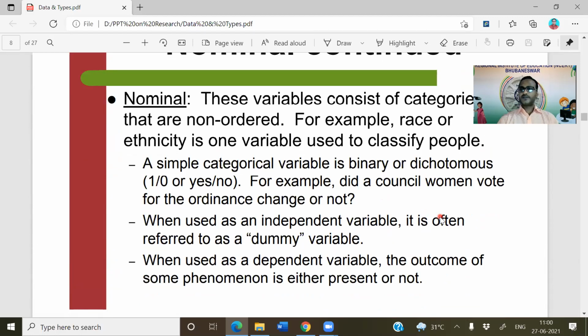This is nonsense, because our telephone number is also identification data. So it is only useful to classify people, to identify people, or identify your sample, identify your cases. So therefore, you cannot use any kind of arithmetic operations here.